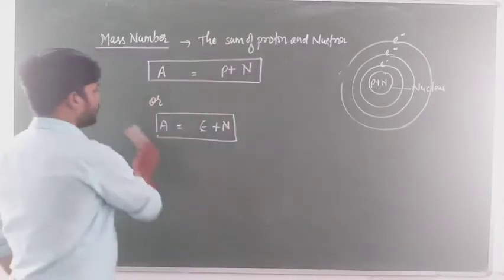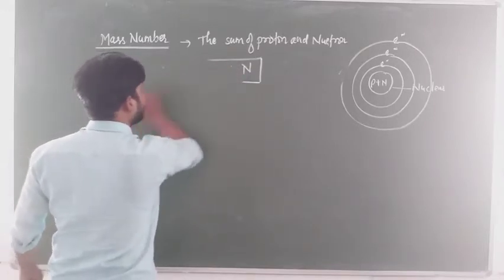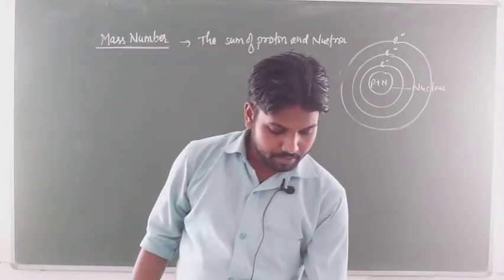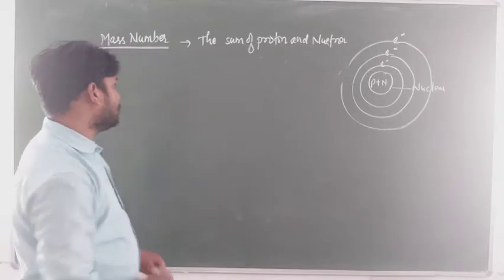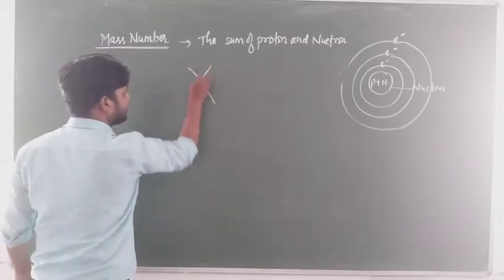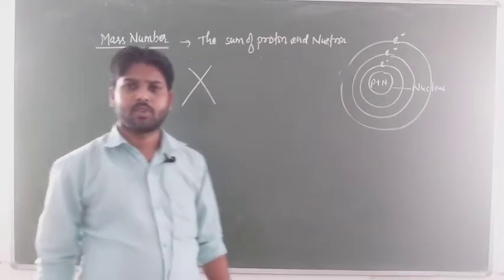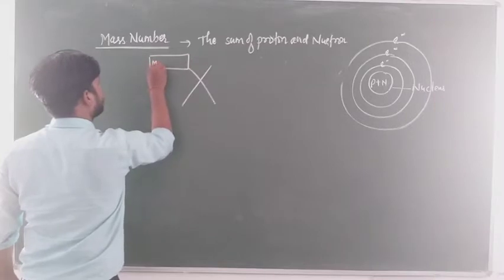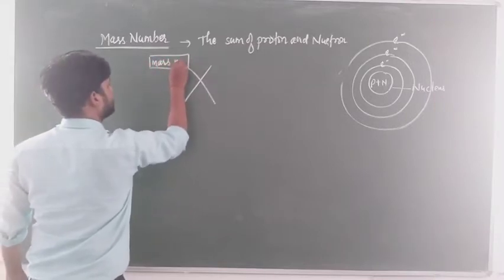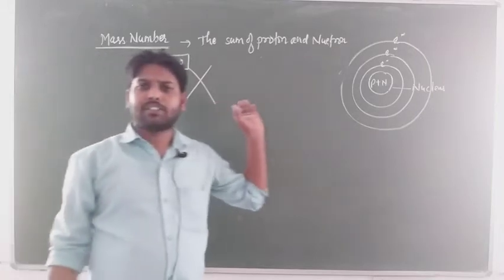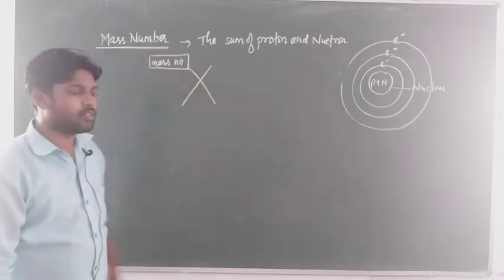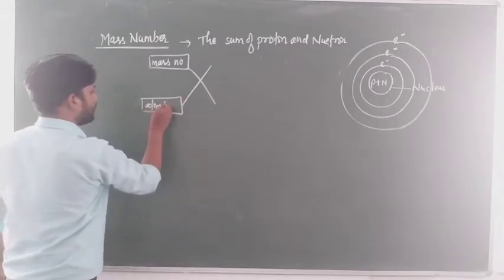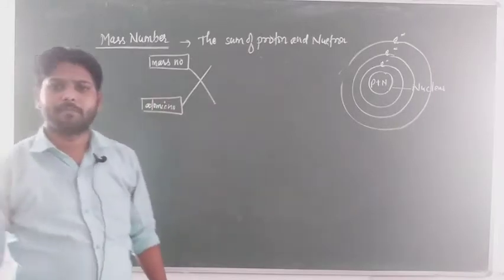Now see this question. How can we calculate the neutron number? Now see, students, if any element X is written here, here the mass number is represented and here the atomic number is represented.